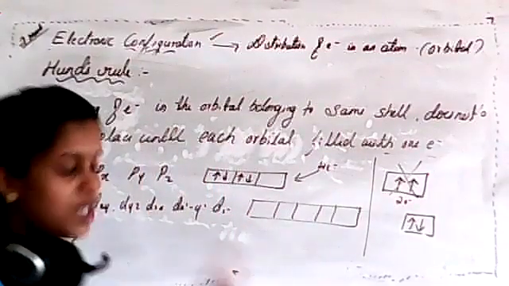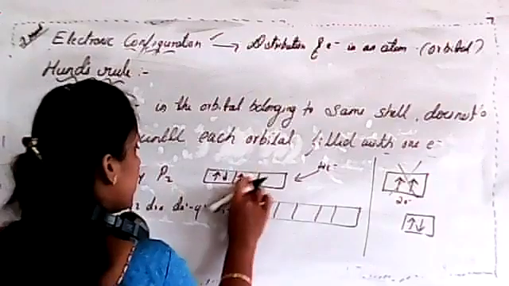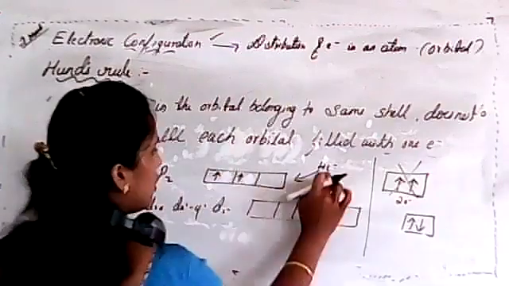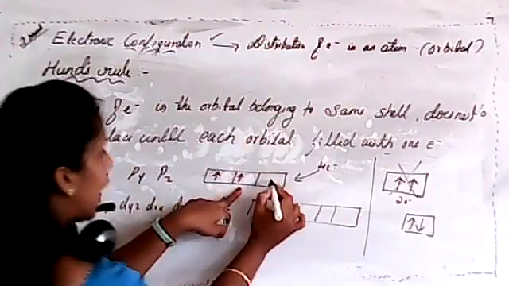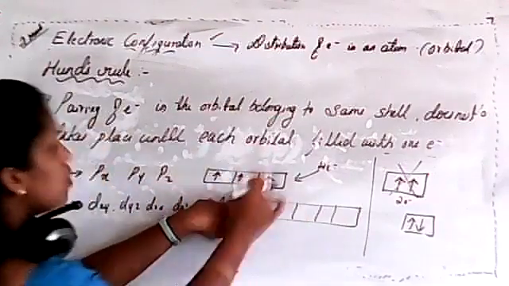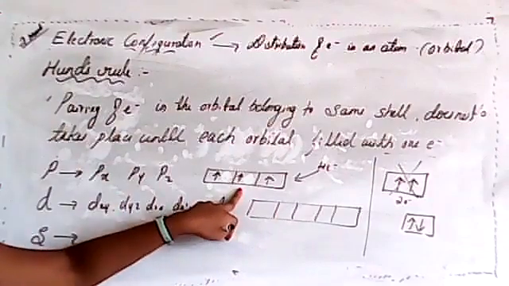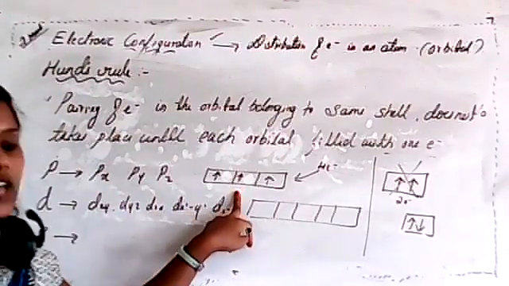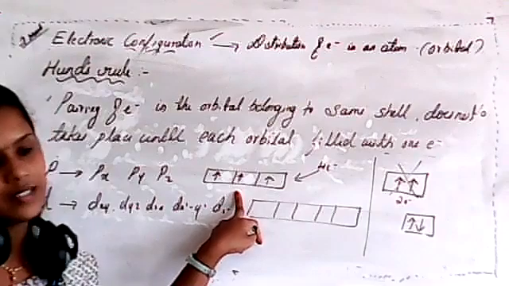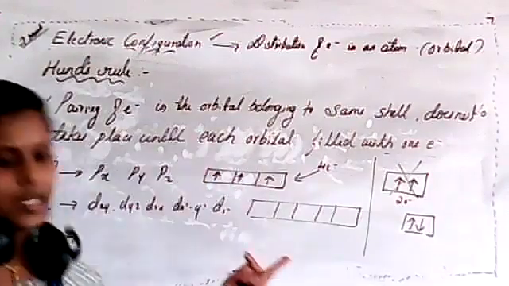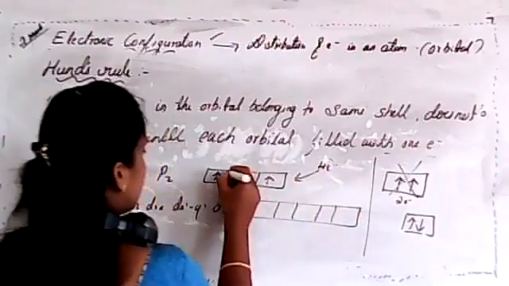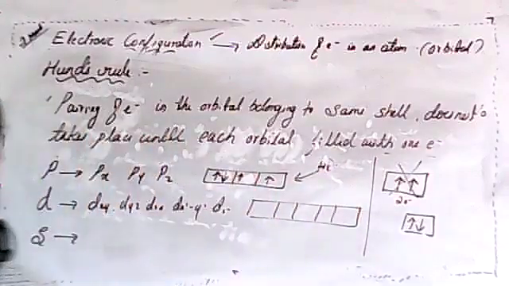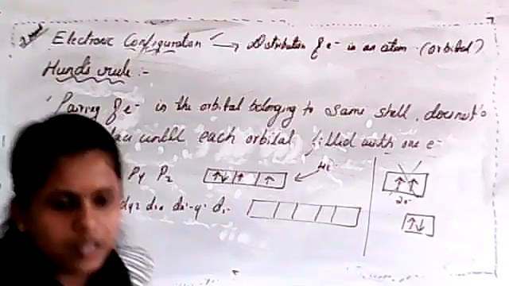We have to fill 3 first, isn't it? So first, second, and third electrons according to Hund's rule. Hund's rule explains that each and every orbital must be filled with a single electron. After that, you can start pairing. Now there is the 4th electron. So this is the correct representation. Is this clear, students?